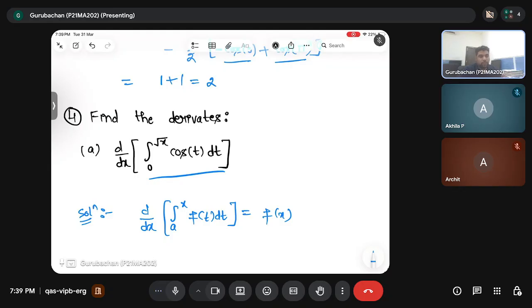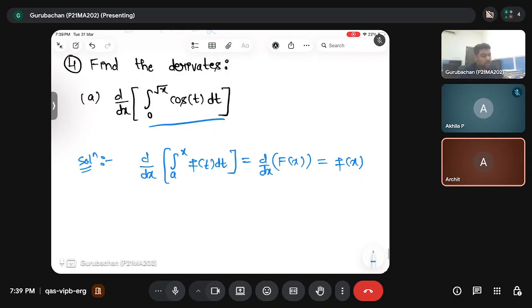Is it clear? No, sir. No? What is this, sir? I have not seen this, sir. What is the fundamental theorem of calculus from your point of view? Tell me. Then I'll let you know how this is related to that original one.